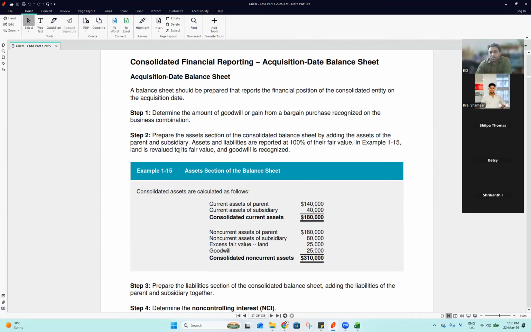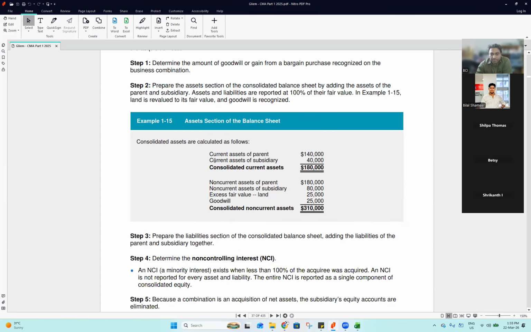Land is revalued to its fair value and goodwill is recognized here. Let's see this example. Current assets of the parent is 140. Current assets of the subsidiary is 40. Then we have the consolidated current assets. Then the excess value of the land we calculate. Then the goodwill from the transaction we bring here. Clear?